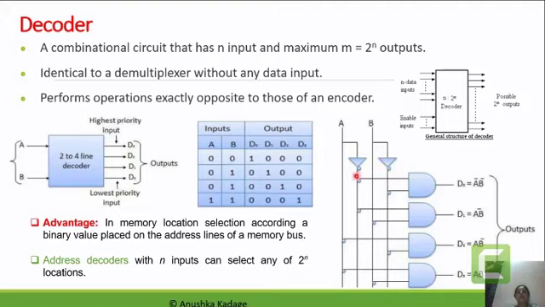That's why we observe the input variable in uncomplemented form and its complemented form represented by these inverter gates. Now let's check when the D0 output is 1. For the D0 output to be 1, we need the input combination 0 0 for AB.